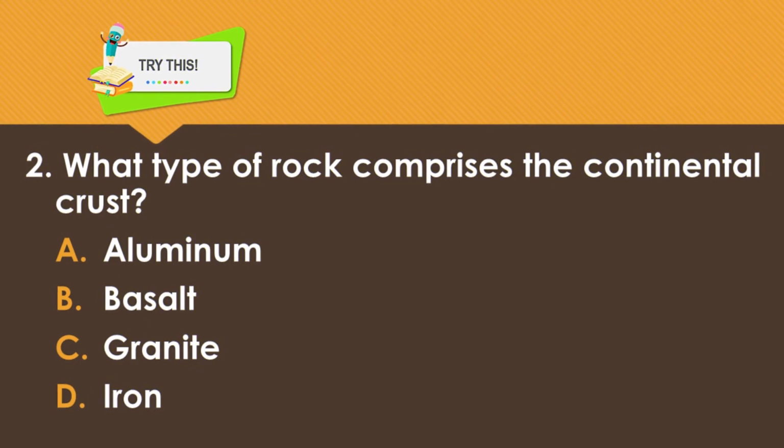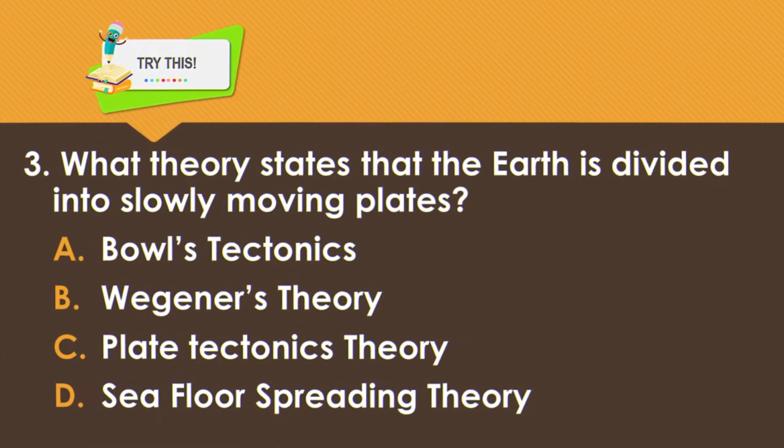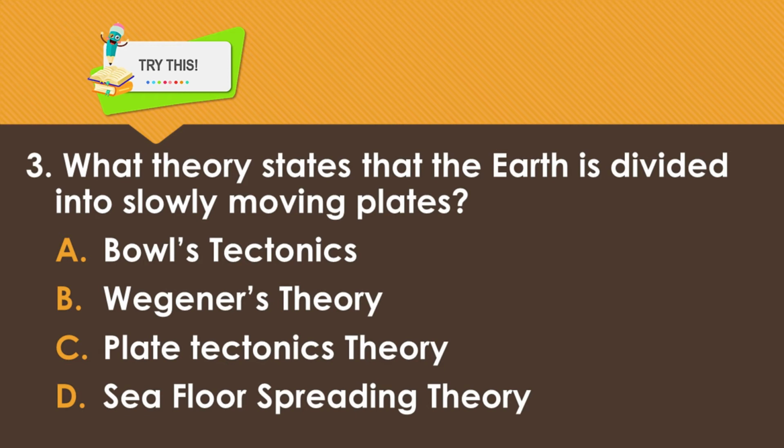2. What type of rock comprises the continental crust? A. Aluminum. B. Basalt. C. Granite. D. Iron. 3. What theory states that the Earth is divided into slowly moving plates? A. Bose tectonics. B. Wegener's theory.